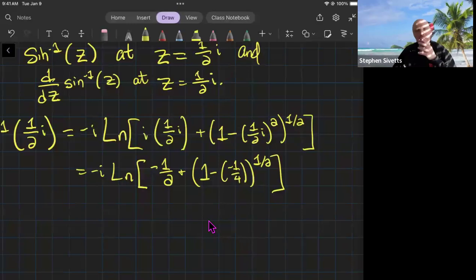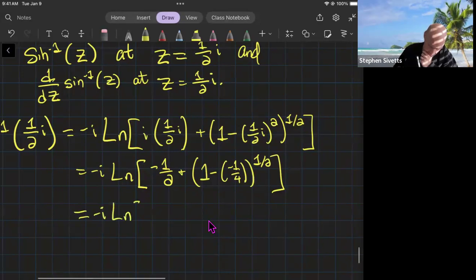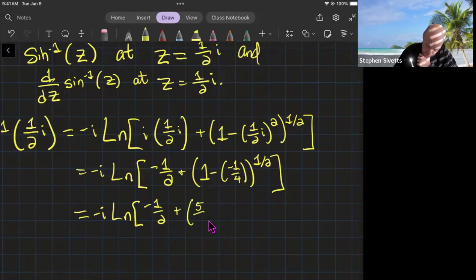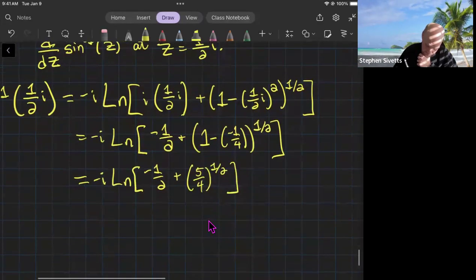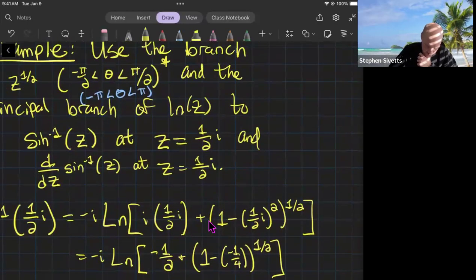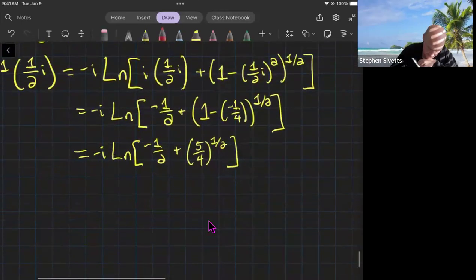All right, so this equals minus i times capital natural log of minus 1/2 plus, this is 1 plus 1/4, so that's 5/4. So basically compute the square root of 5/4. We want our angle to be from minus pi over 2 up to pi over 2 radians, right?